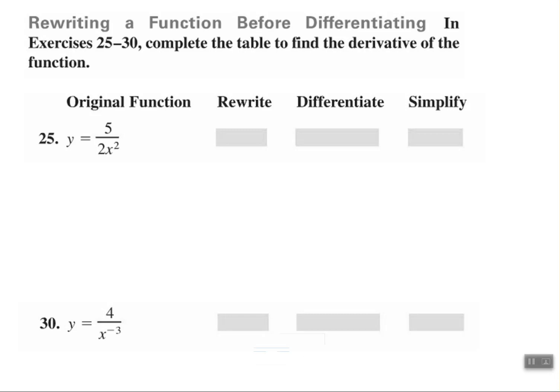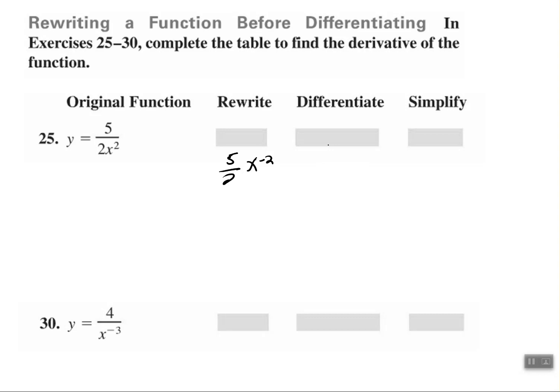Alright, so y equals 5 over 2x squared. So let's rewrite that. I'm going to write it underneath these gray boxes. Let's rewrite that as 5 over 2 times x to the negative second. Now that allows us to use the power rule.